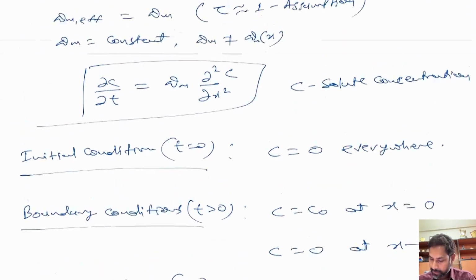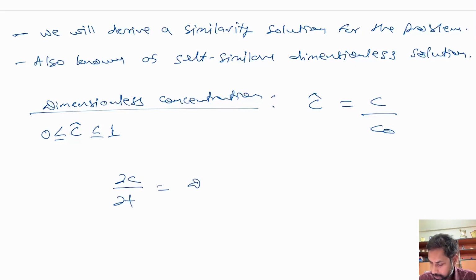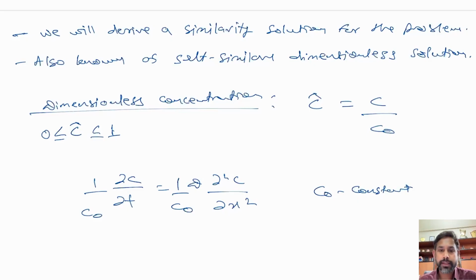So now if you look at this equation, this says that dC by dt equals D times d square C by dx square. If you divide both sides by C naught, where C naught is a constant, it can simply be brought inside the derivatives, and this will give us dC hat over dt equals D d square C hat over dx square.